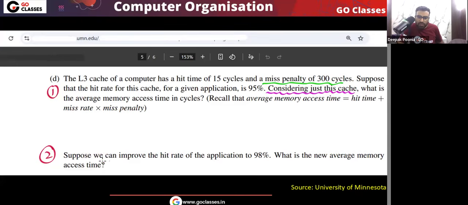The question is saying, suppose we can improve the hit rate from 95% to 98%. So now the new miss rate is basically 0.02. Remember, the miss rate will be 2%. If you want to convert to a fraction, you divide by 100.